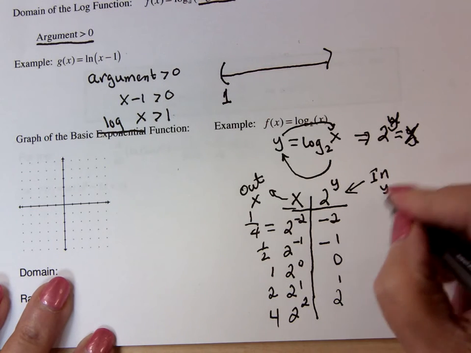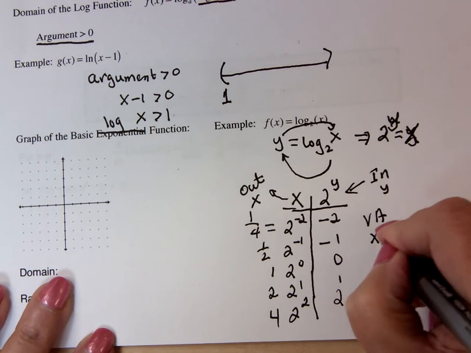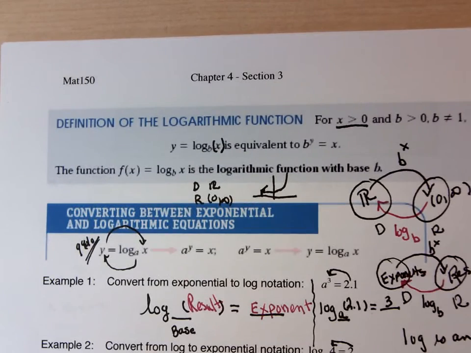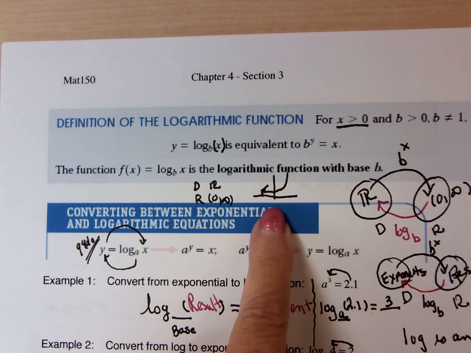This guy has a VA at x equals 0, because the exponential has an HA at what? Y equals 0.